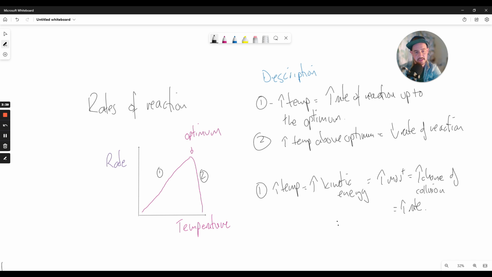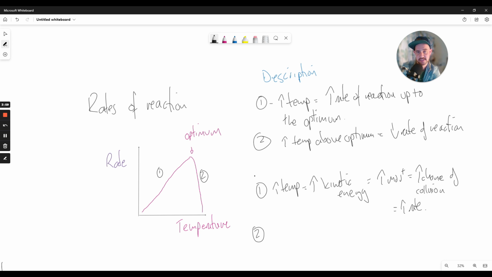Now, beyond the optimum, things get a little bit more interesting. When you increase the kinetic energy of an enzyme above its optimum, what you end up doing is causing the enzyme to vibrate just that little bit too much, so that the active site and the 3D shape of that molecule begins to alter.